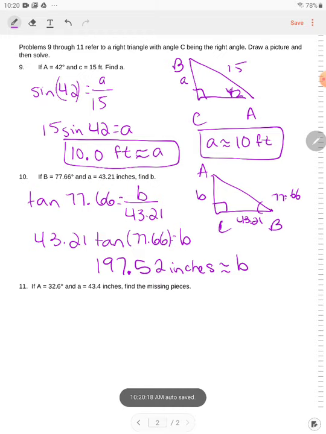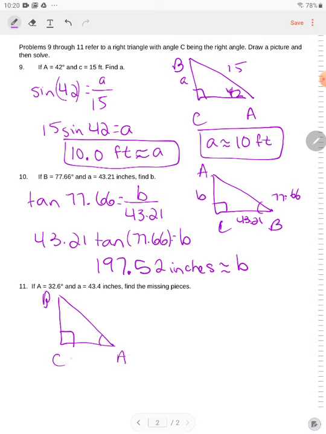Okay, if angle A is equal to 32.6 and side A is 43.4 inches, find the missing pieces. There are 3 sides and 3 angles. We'll go A, B, and C. Let's find our angle first. We know that the measure of angle A is equal to 32.6 degrees.